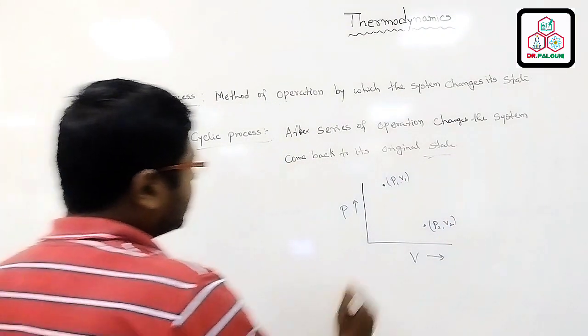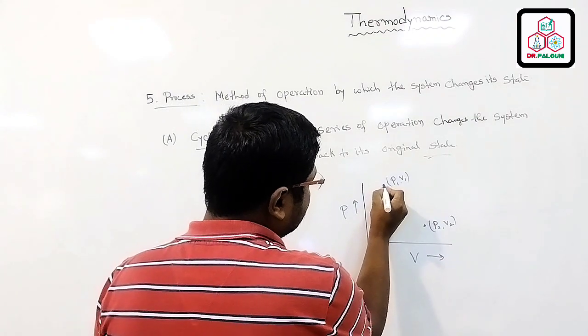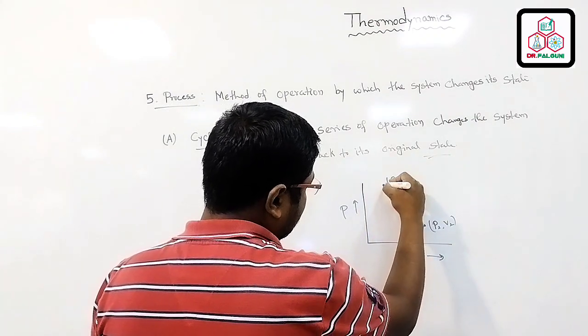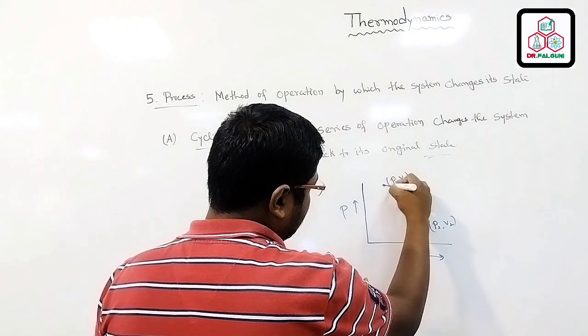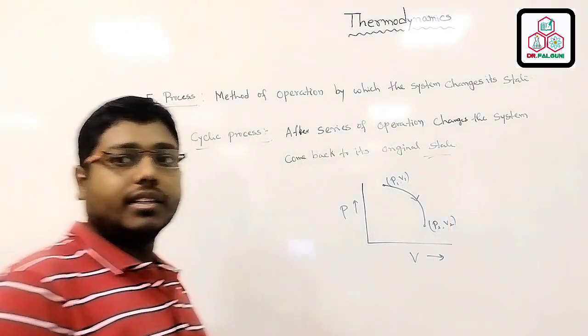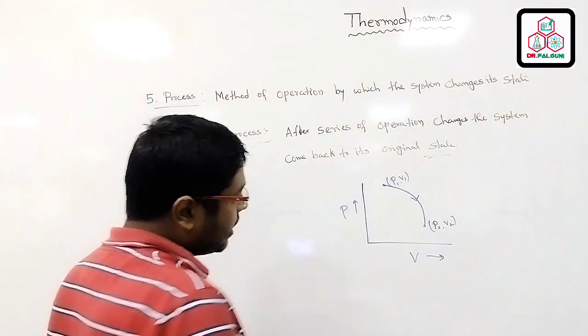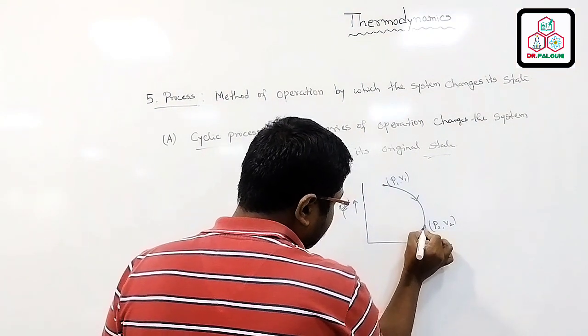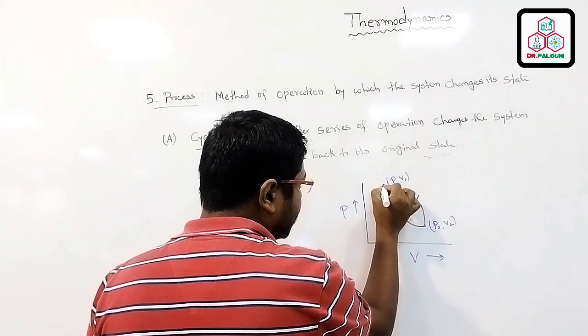So in a cyclic process, this initial stage comes to the final stage like this direction, and the final stage goes back to its initial stage.